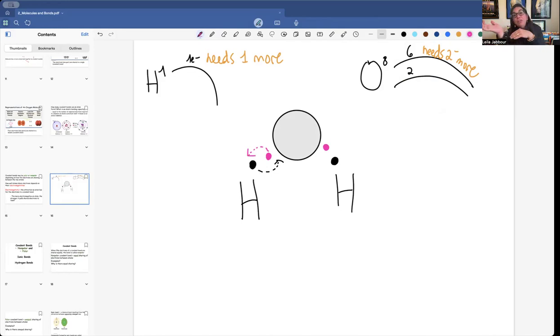That way they can be counted for both atoms to fulfill their individual stability. So water can form covalent bonds with hydrogen atoms.